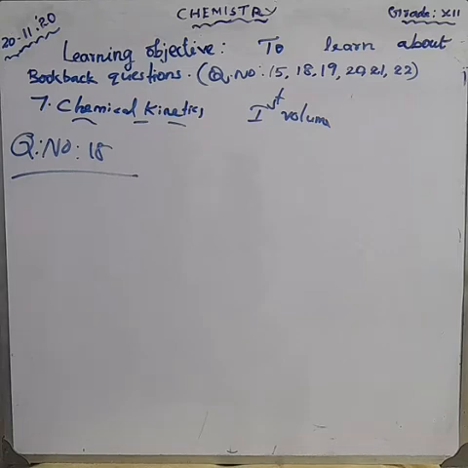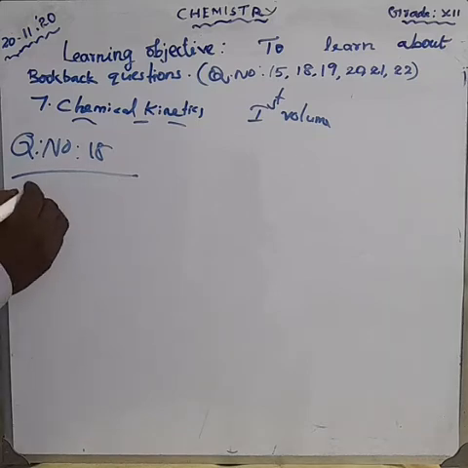Identify the order of the following reactions. Then we have to say which order. Rusting of iron is in which order? That's the question. And the radioactive disintegration of uranium 238, that is also which one? And the third option is 2A plus 3B gives product. That is which order? That is one of the 2-mark questions.